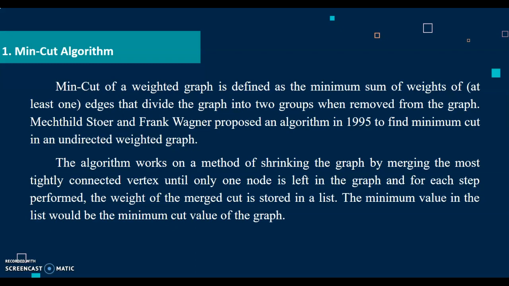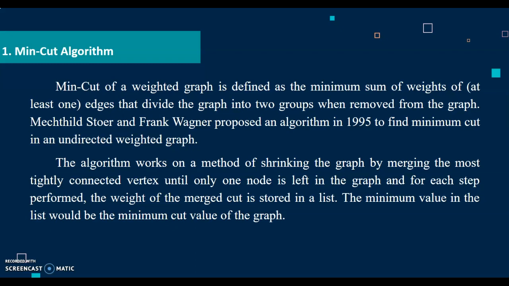Minimum cut of a weighted graph is defined as the minimum sum of weights of at least one edge that divides the graph into two groups when removed from the graph. Stoer and Wagner proposed an algorithm in 1995 to find the minimum cut in an undirected weighted graph.